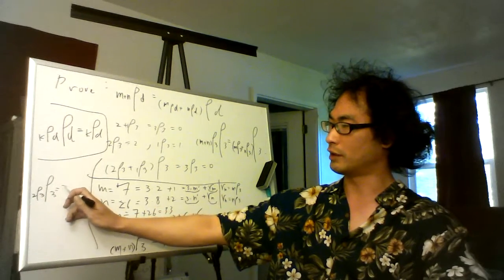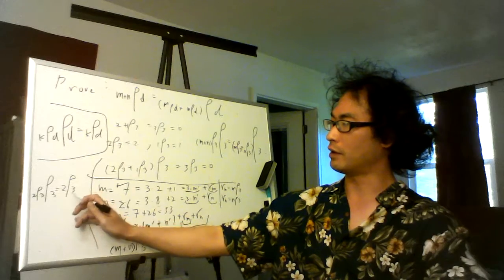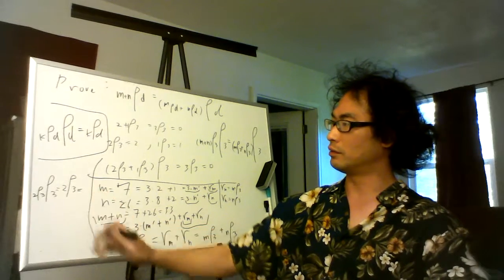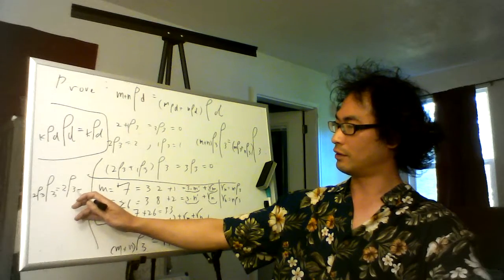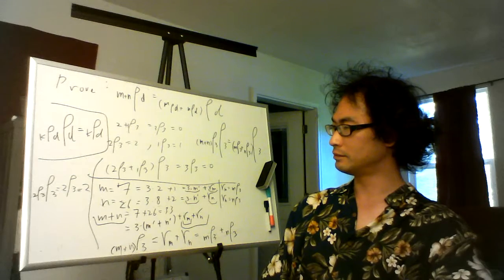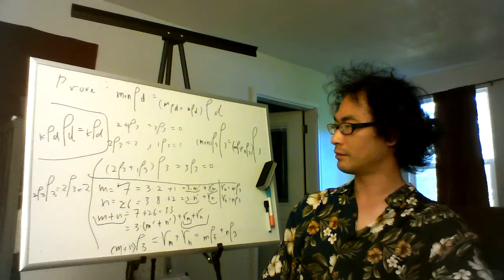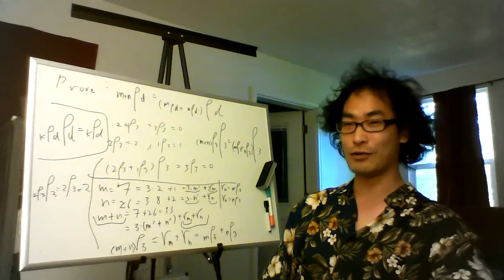It's 2, right? So 2 rho 3 is 2. And 2 divided by 3, what's the remainder? 2. Do you have any doubts?